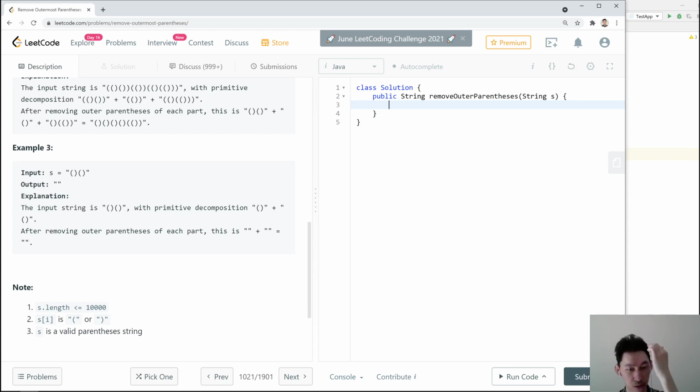Yeah, something along those lines. Let's just call it stack for now. So we definitely need to go through all of them and then return a result, right?